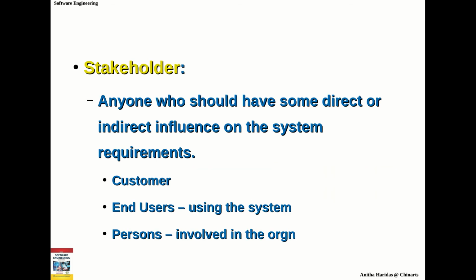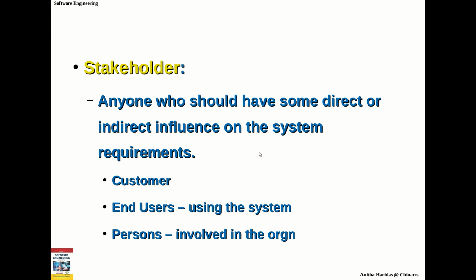Now whenever we talk about requirements, obviously the requirements will come from the stakeholders of a system, because any system for that matter involves lots of stakeholders. The stakeholder is nothing but whoever has direct or indirect influence on the system requirements.